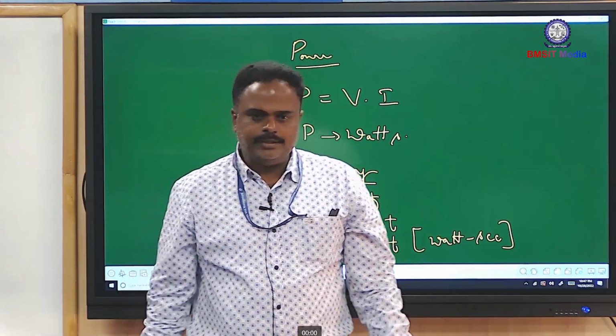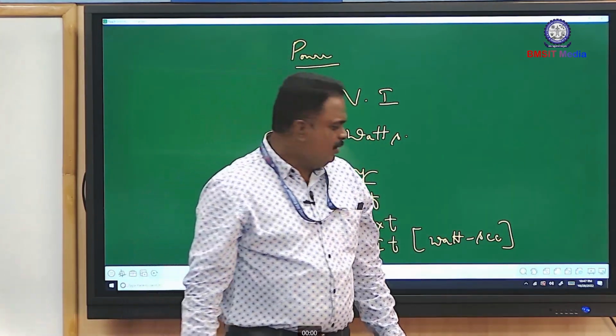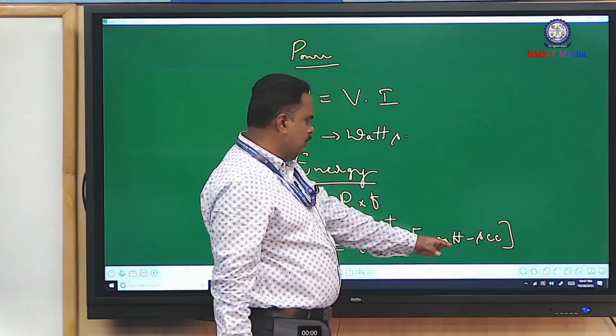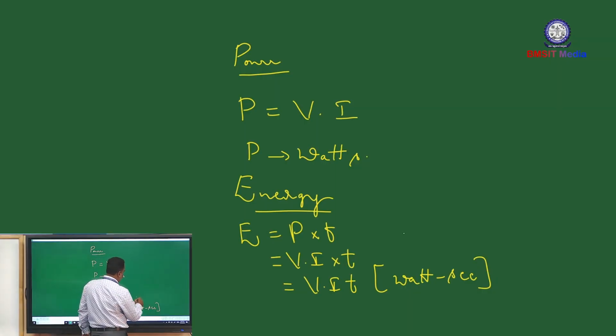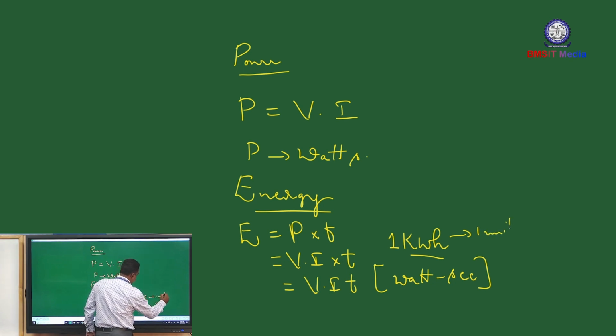It is a very small unit of energy, so normally we don't use watt seconds. Instead, we use kilowatt hours. 1 kilowatt hour is called 1 unit.